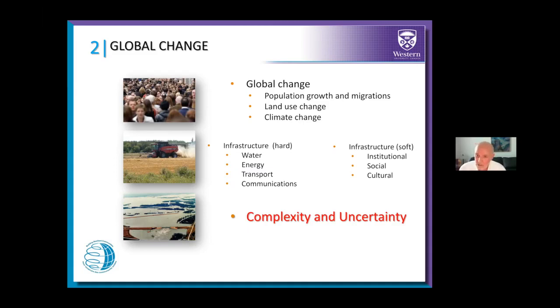But we quite often forget that soft infrastructure like institutions, social organizations, even the culture is also subject to these globally changing conditions. And the final outcome is that if we are trying to assess the impacts of global change, we are facing a very significant increase in the complexity of the problems we are trying to solve, as well as the uncertainty involved in their formulation and solution.